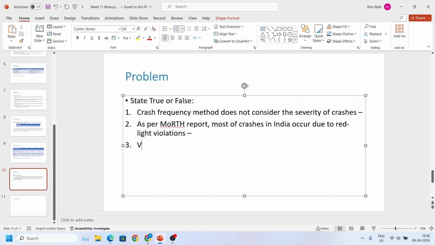The third one is: visual rating of a person is important as it plays a crucial role in deciding the color of traffic lights.